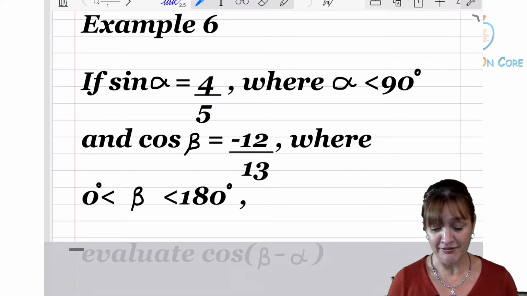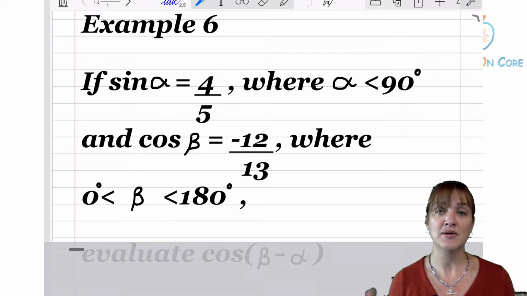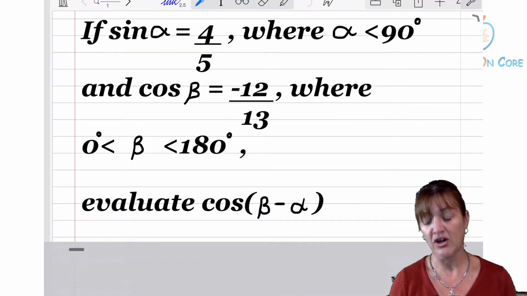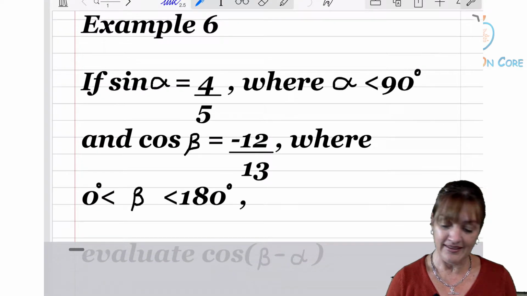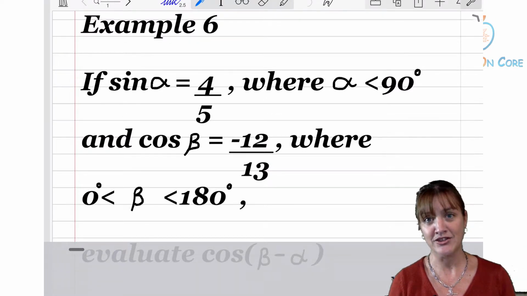If sine of alpha is equal to a ratio of 4/5, where alpha is less than 90 degrees, and cos beta is equal to negative 12/13, where beta is between 0 and 180 degrees, evaluate the expression of cos(beta minus alpha). Now this is straight away one of your Pythagoras type questions, okay?